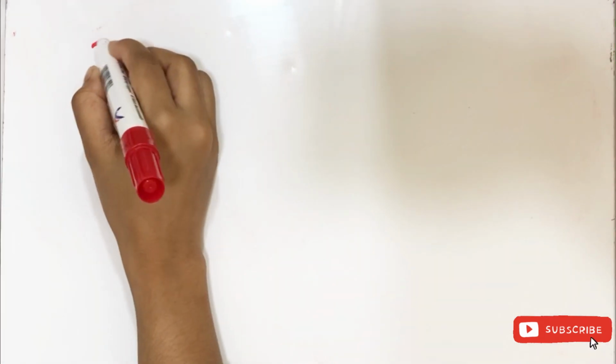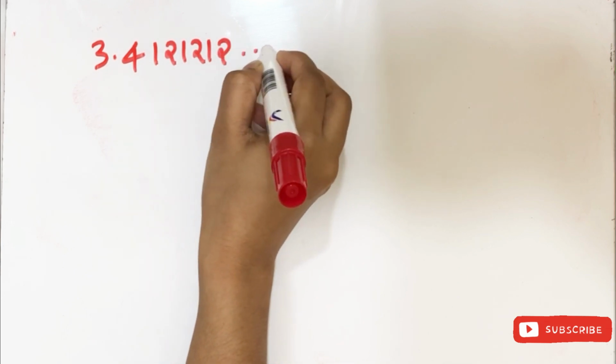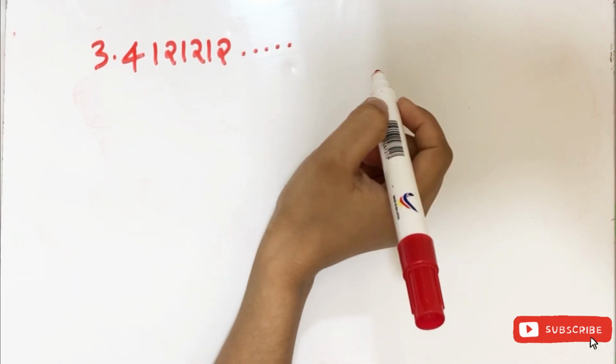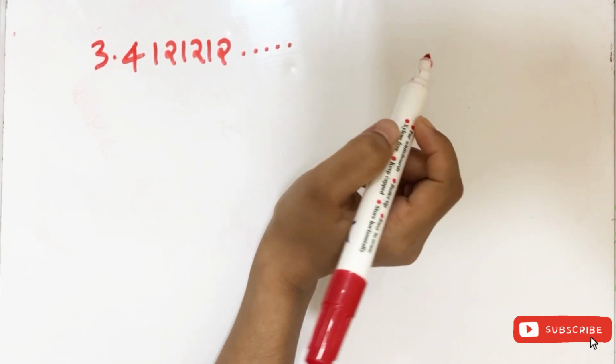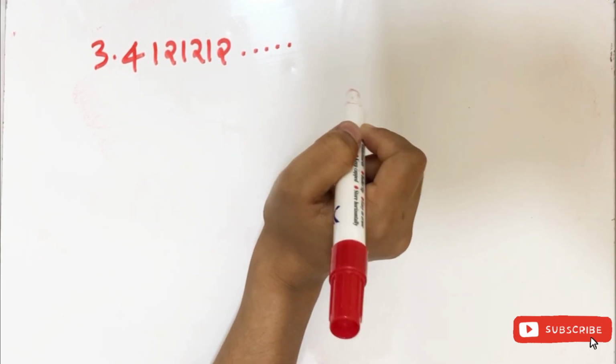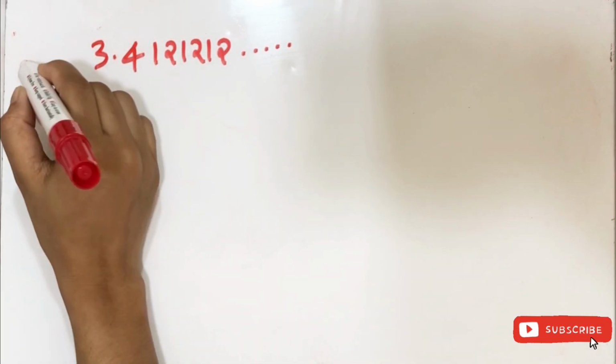Okay, we can see another number. How to express 3.4121212, etc. as a ratio of two integers, or as a fractional number, numerator by denominator, an integer over another integer form. How can you express this? See, we can take this as x.